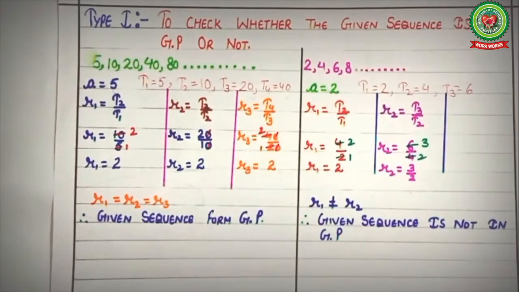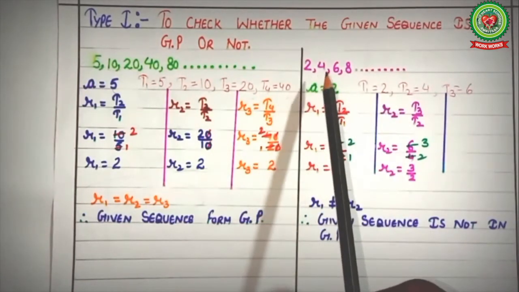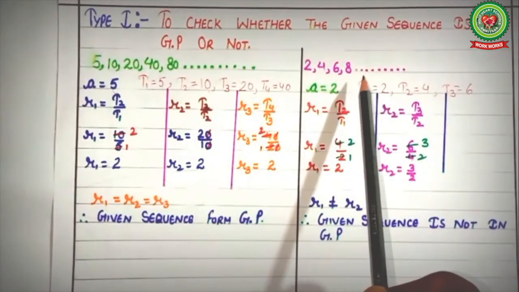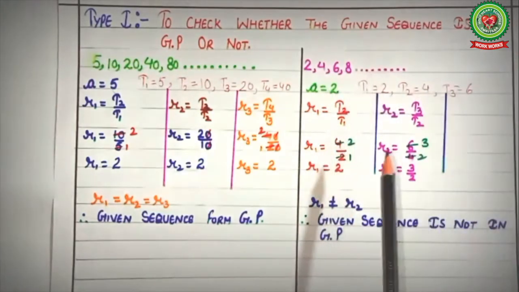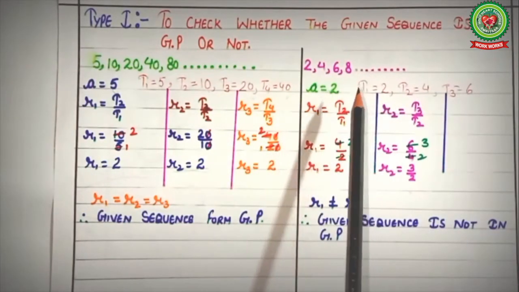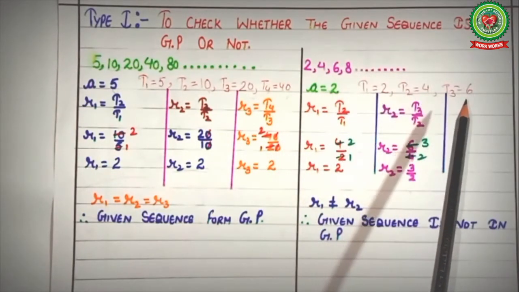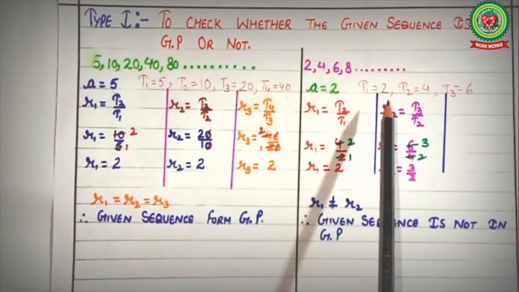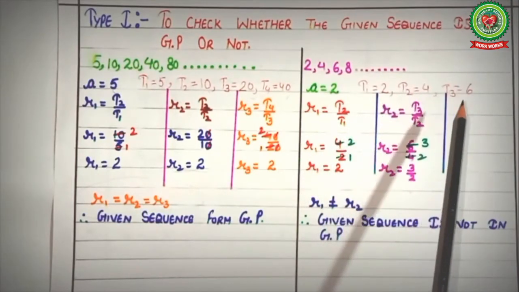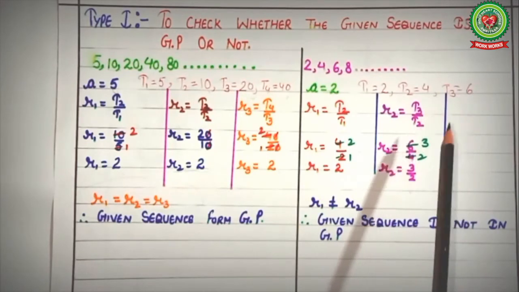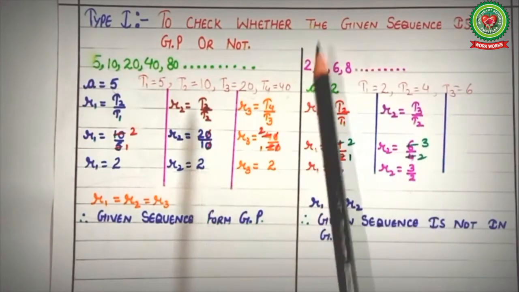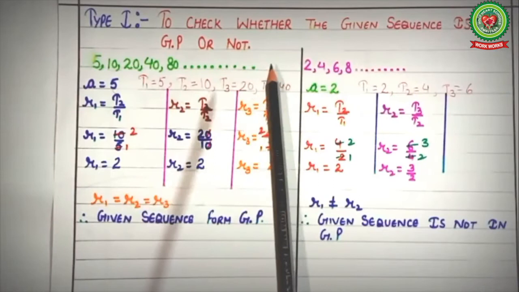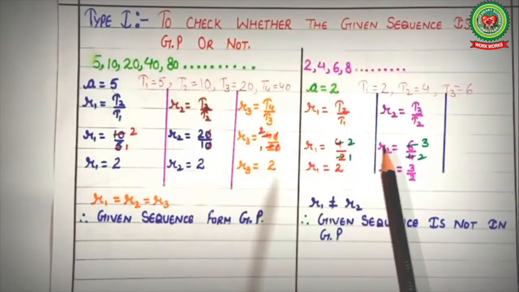Now students, I am taking one more example, that is 2, 4, 6, 8 and so on. Now again I am going to write the first term, second term and third term. First of all, the first term is 2, the second term is 4 and the third term is 6. Now I have to check whether the given sequence is in GP or not. So that's why I have to find ratios.